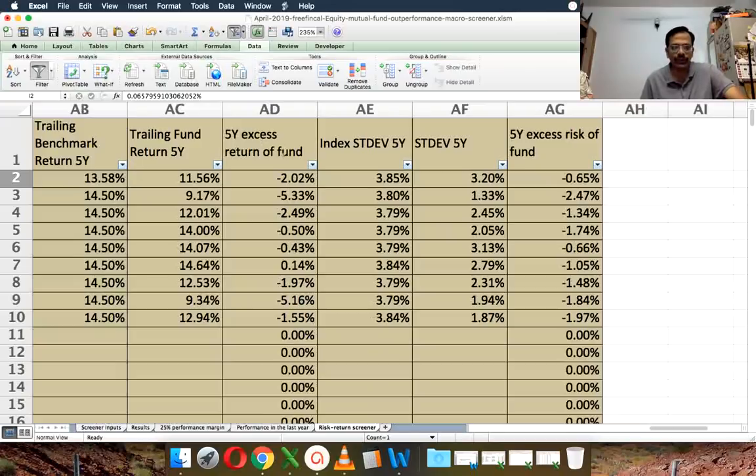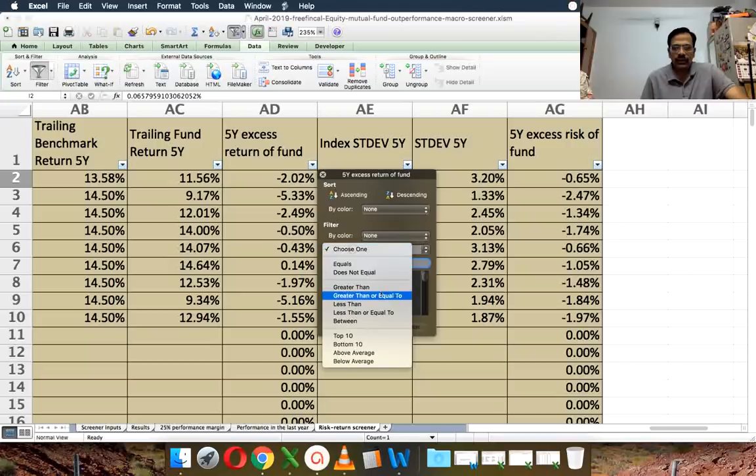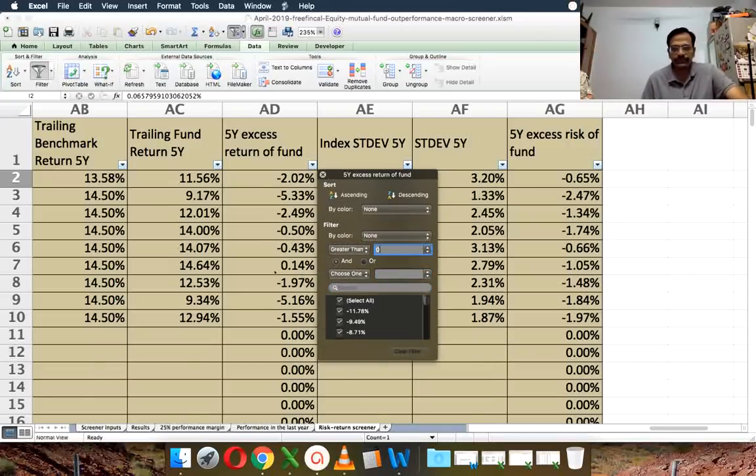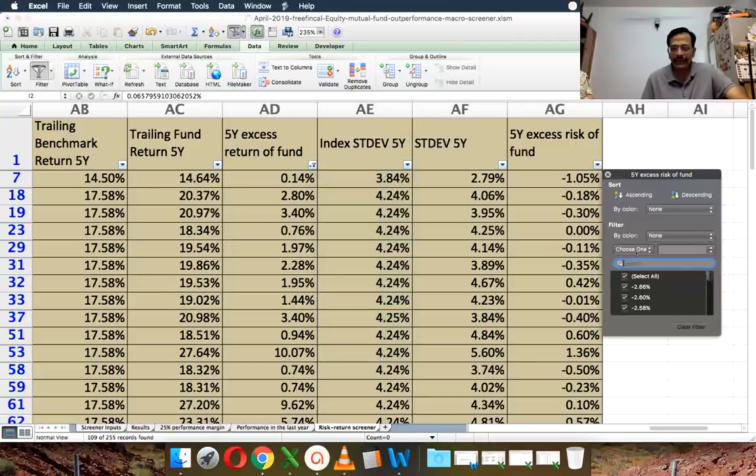So first I'm going to screen for excess return greater than 0. That's the first screen. Then I'm going to look for excess risk which is less than 0.